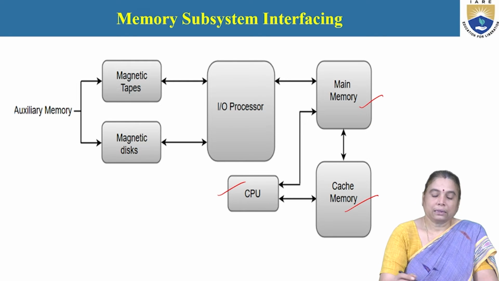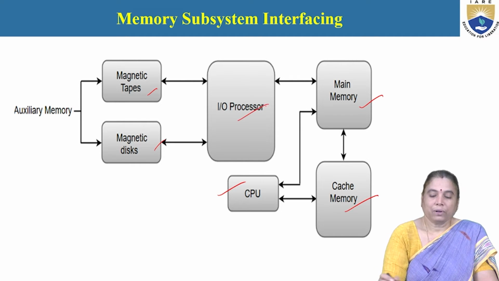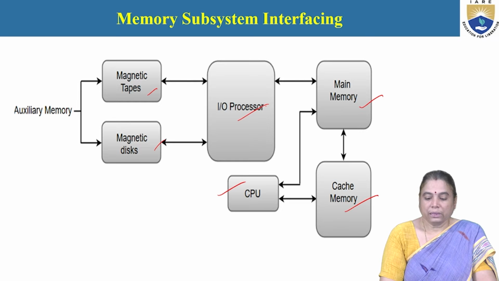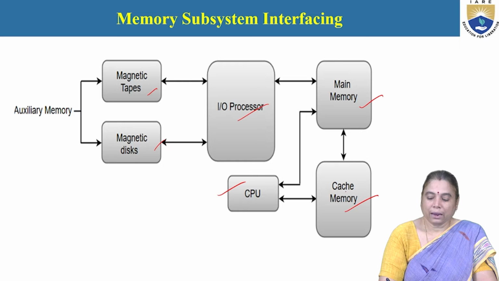The secondary or auxiliary memory devices, magnetic tape and magnetic disk, are connected to the memory with the help of the I/O processor. In this way, the primary memory, the secondary memory and the cache memory are connected to the CPU.